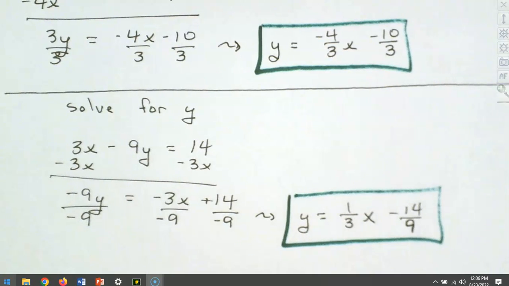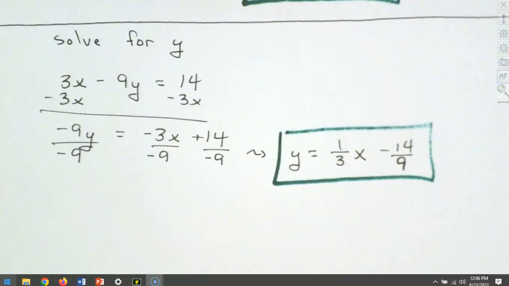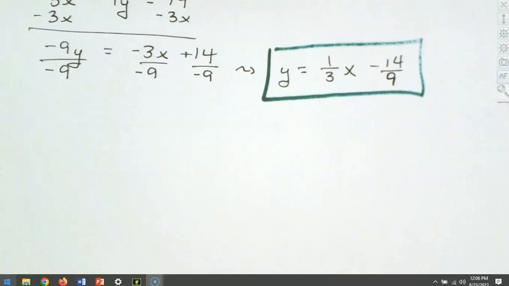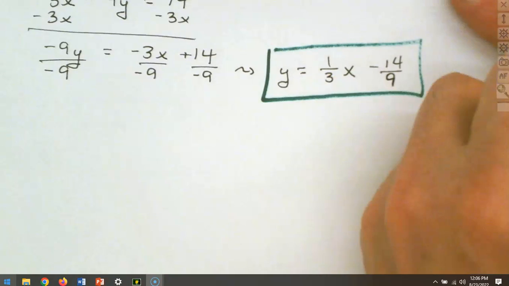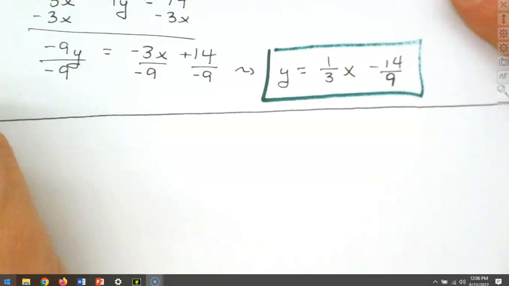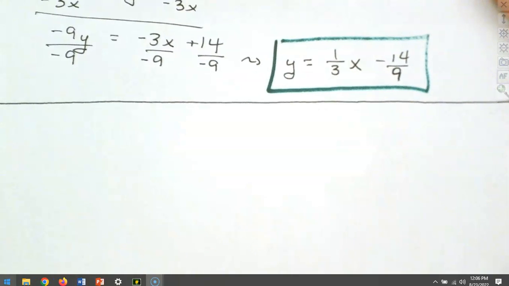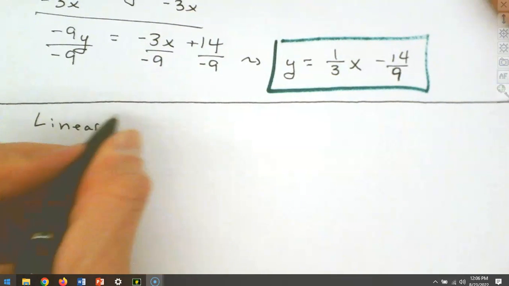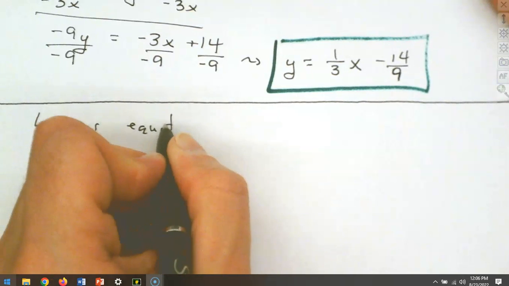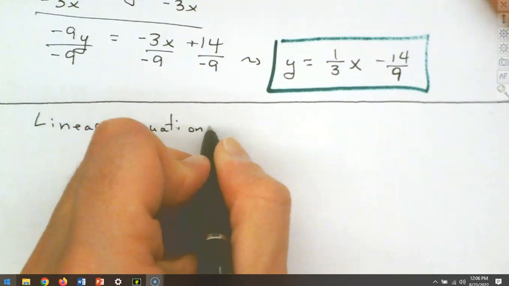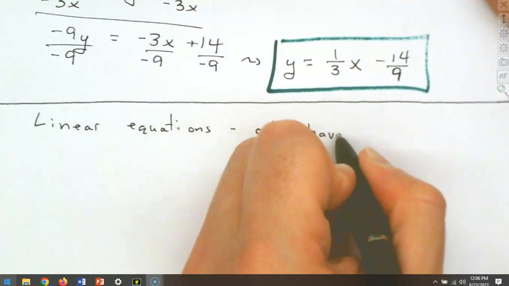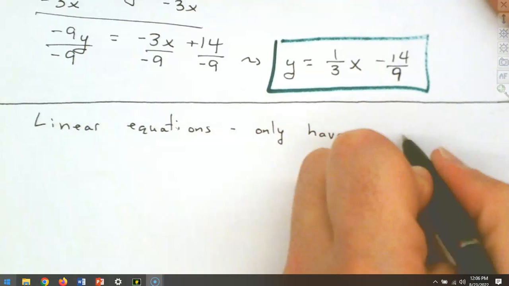Okay. Now let's talk about, and this is the next part, I think one of the easiest parts of this section. We're going to talk about the difference between a linear and a non-linear equation. And linear equations are what we've done today. So linear equations, they only have x as the variable.